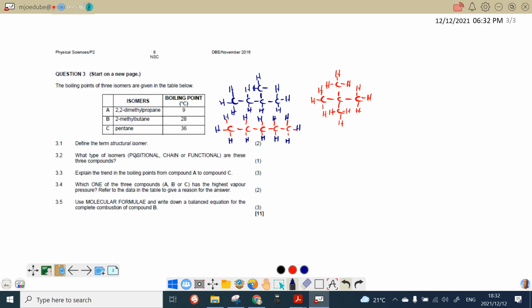Define the term structural isomer. Well, the definition of a structural isomer: these are compounds with the same molecular formula. So you'd need to include that they've got the same molecular formula but different structural formulae.